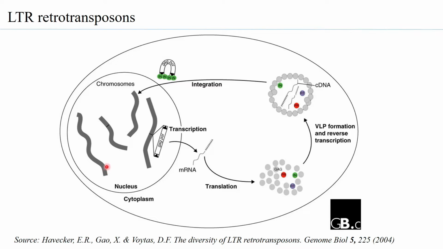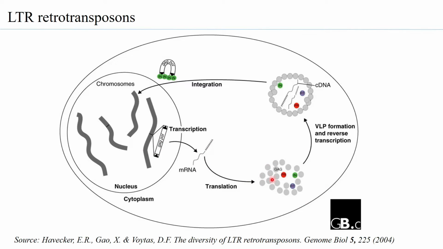Now let us look at the life cycle, therefore, of the long terminal repeat retrotransposons. Within the nucleus, you have these transposable elements getting transcribed by RNA polymerases, and the mRNA that is formed inside the nucleus is translocated into the cytoplasm, and once it is in the cytoplasm, the mRNA that is obtained from the open reading frames present in the transposon is translated into its products.